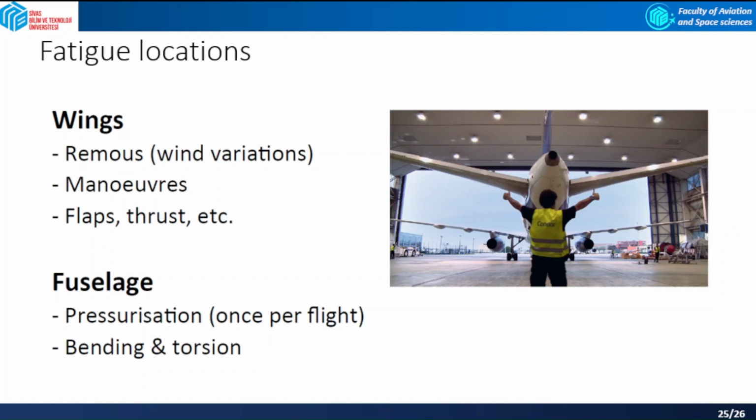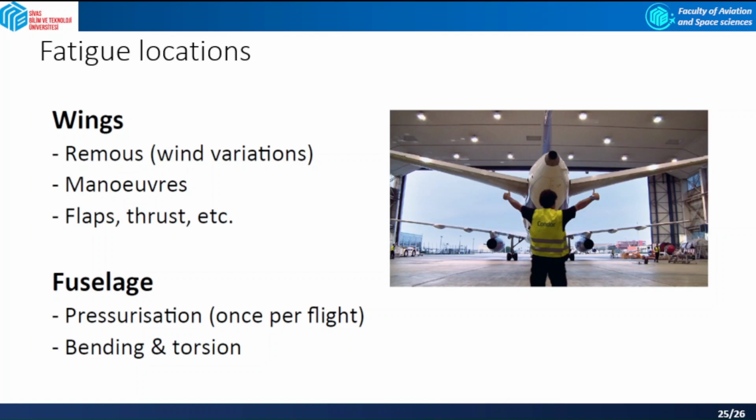Also, you can have loads transferred by the wings and tail section. The wings and tail section of the aircraft also experience various aerodynamic loads during the flight, and these are transmitted to the fuselage and other structural components and can contribute to the overall fatigue.